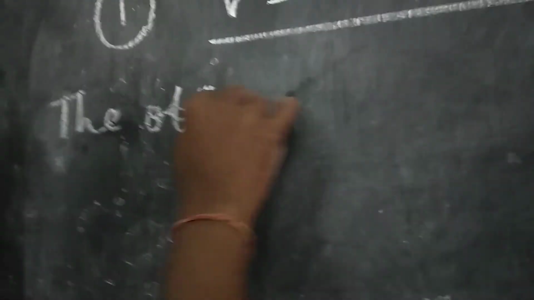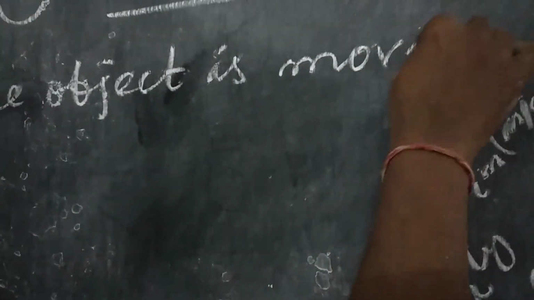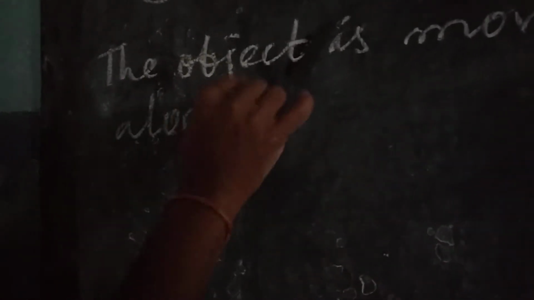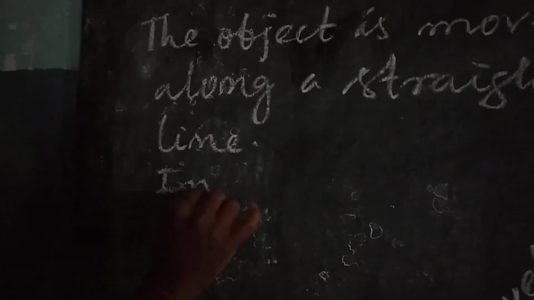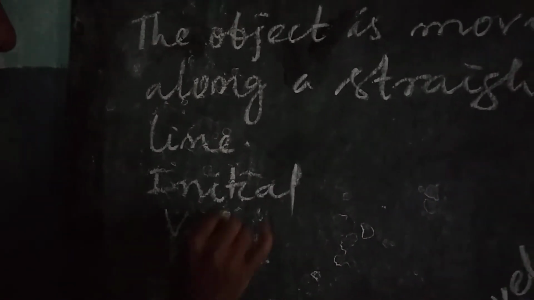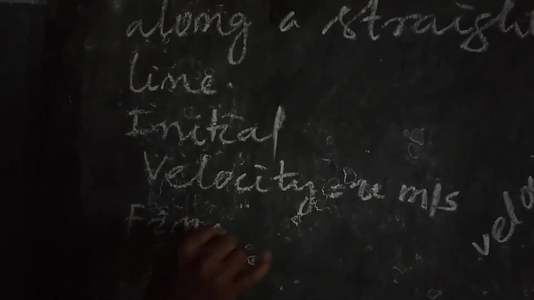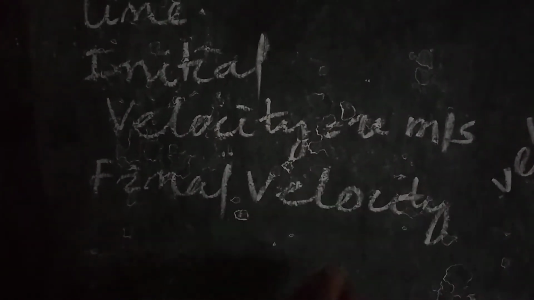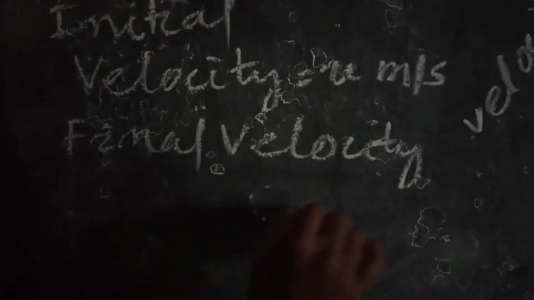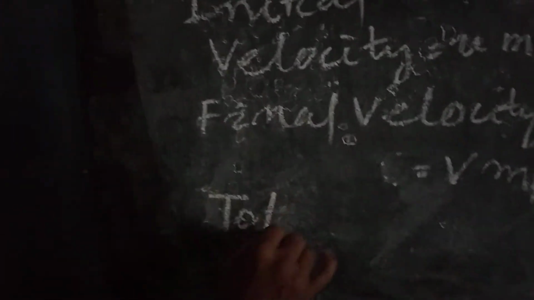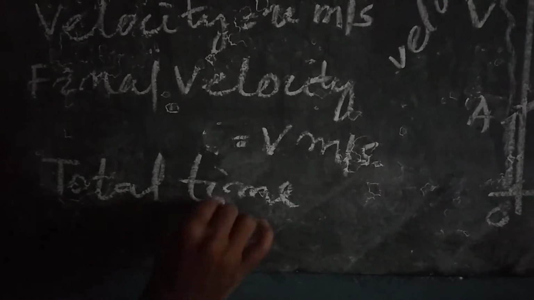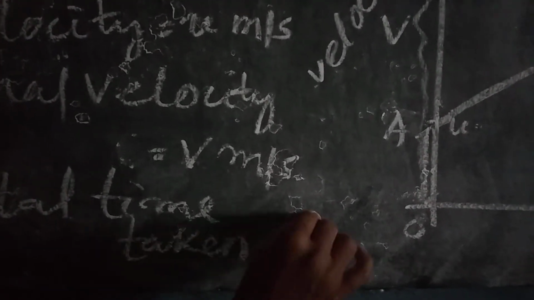The object is moving along a straight line, and the initial velocity is u meters per second, the final velocity is v meters per second, and the total time taken by the body is t seconds.